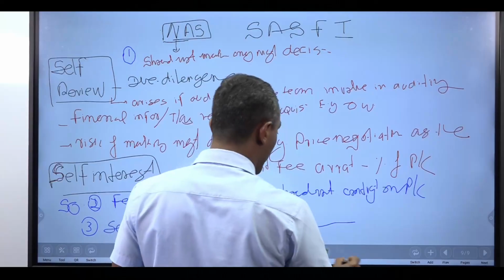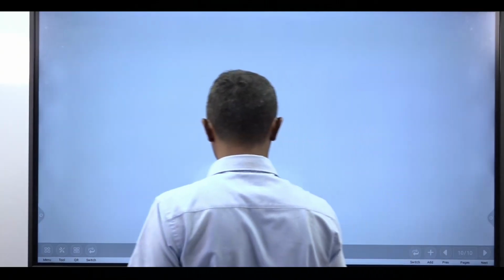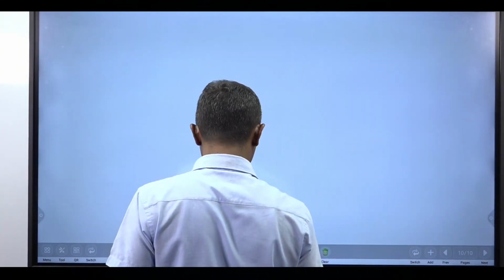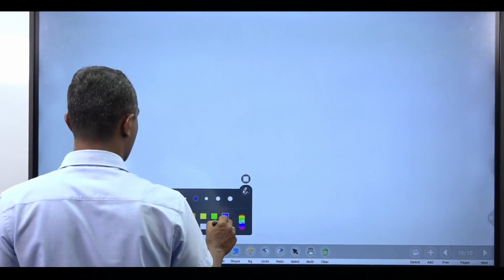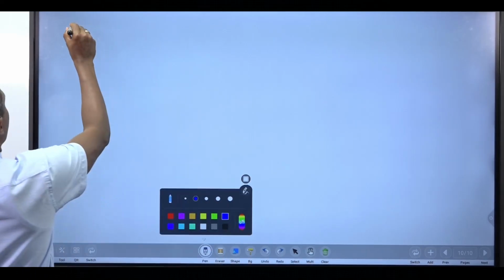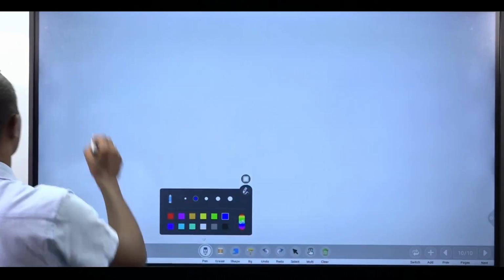So the next case given is where the auditor is going to assess the tax impact of recent changes. Now, in tax law there are certain changes, and this is about understanding the tax implications.